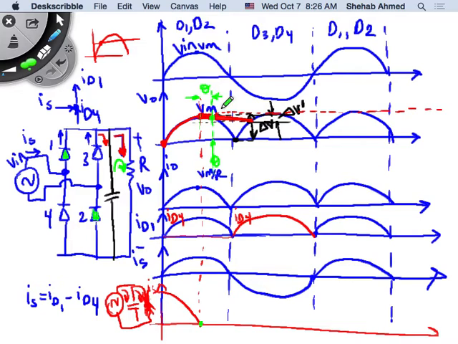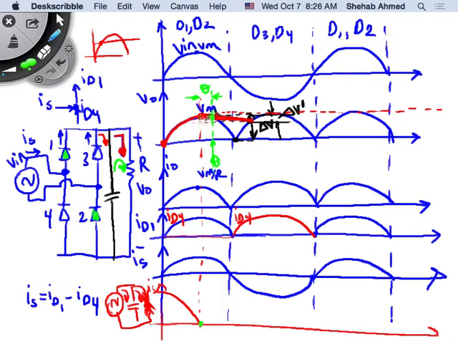Just a small portion after the peak value. Where does this point occur? The way that the book calculates this value of theta is they calculate the slope of the input voltage and the slope of this exponential equation. Again, this is an exponential equation because it's an RC circuit.